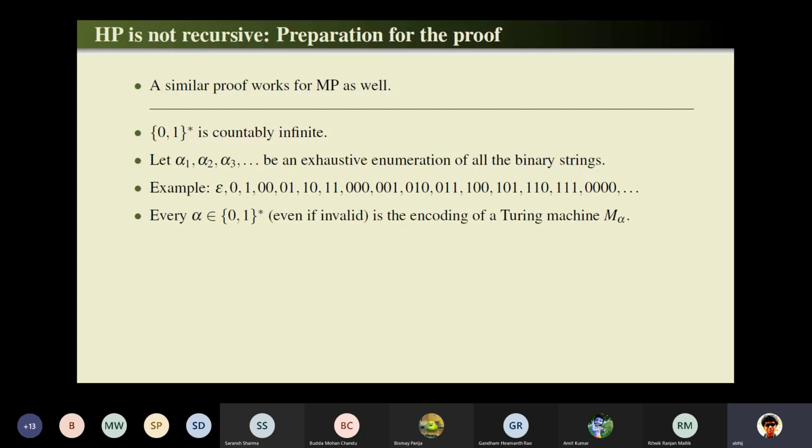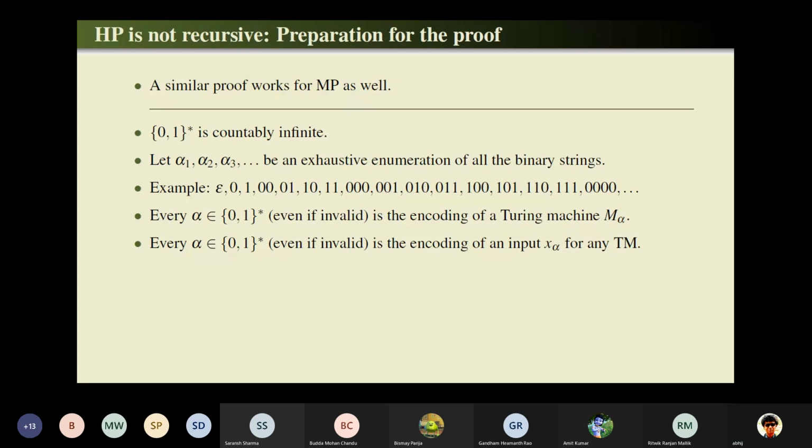Likewise, every such string alpha can be treated as an input, and let us denote that input by X subscript alpha, originating from the binary string alpha. Happy?